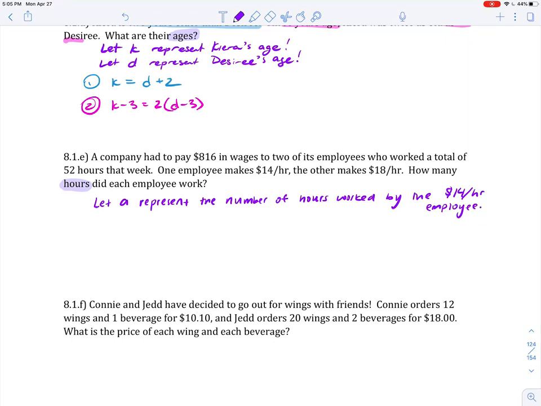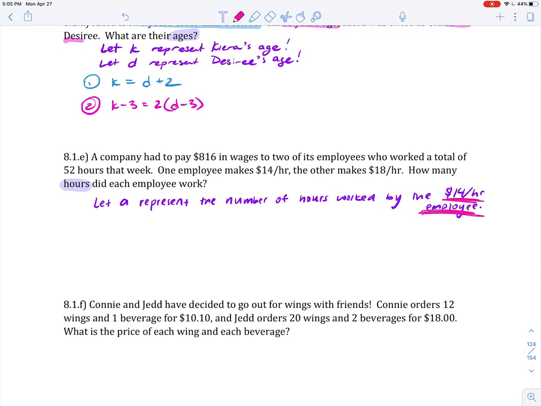So, couple of things when we're thinking about what our let statement's going to be. We can't just say let A represent the first employee, because what about the first employee? Her height, I don't know, her fashion sense, right? We need to say, no, not really. But we have to say, well, we're looking for the number of hours she's worked, so we are going to make sure that that's included. Also, we aren't told the names of these employees, so we have to distinguish between the 2 of them.